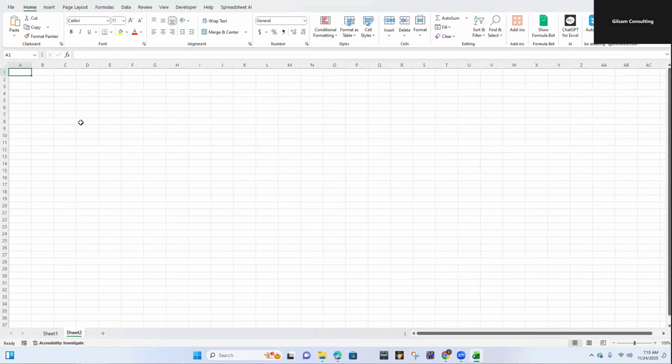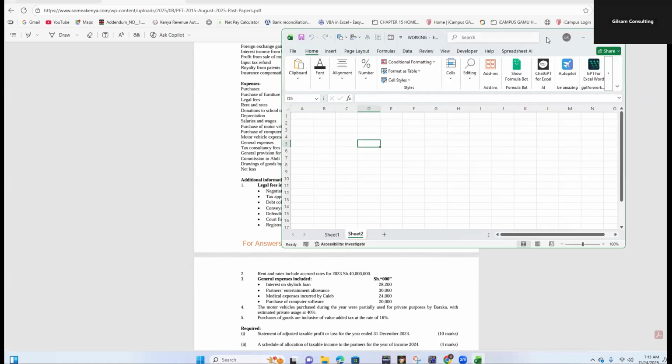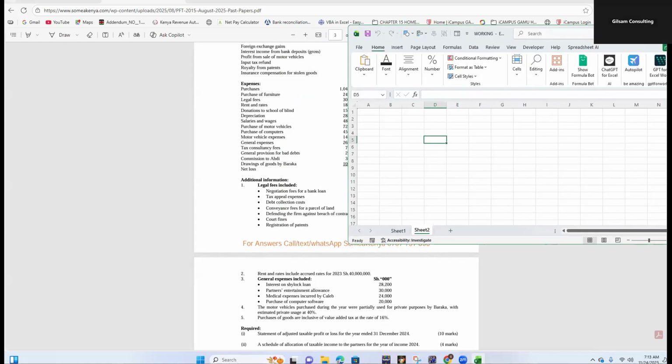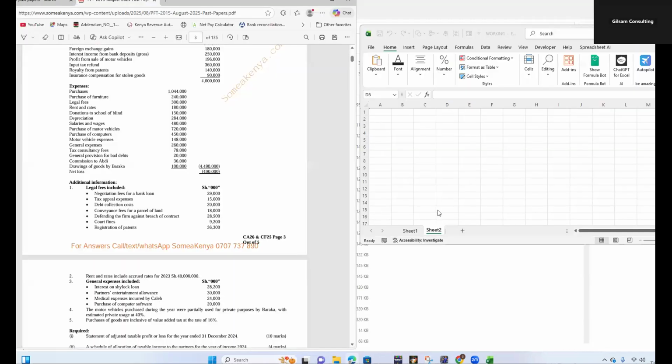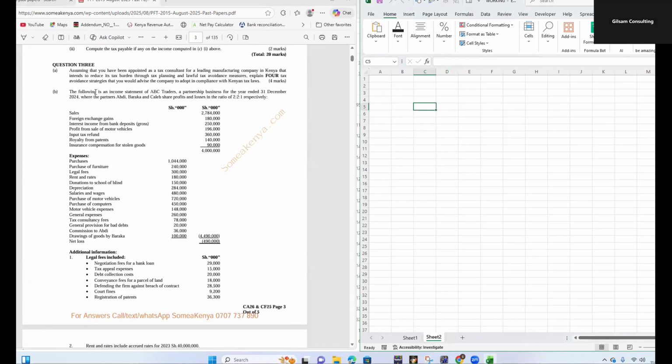Now, let's have a structure of taxation of a business income. So we have ABC trade as a partnership.